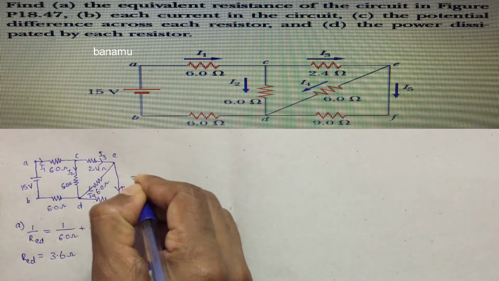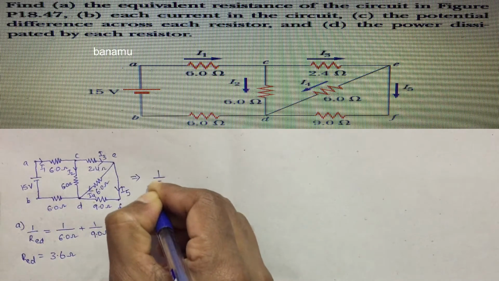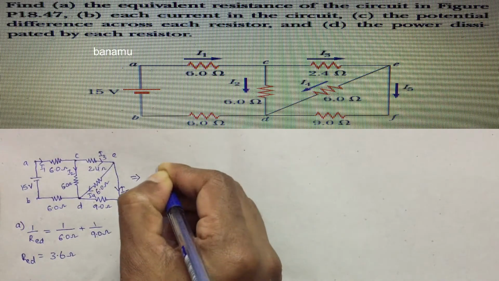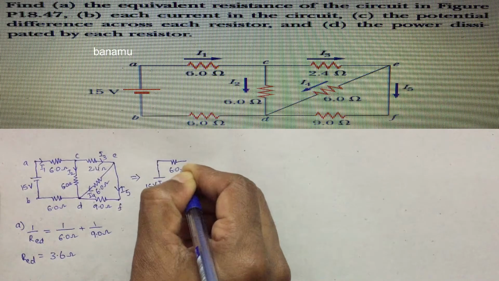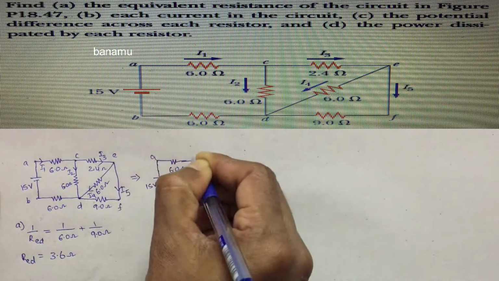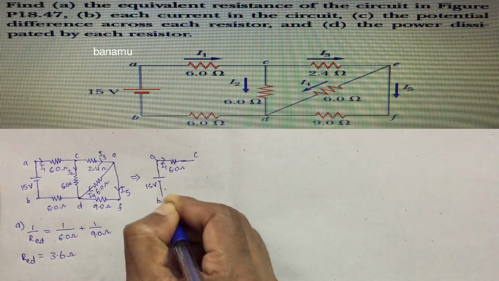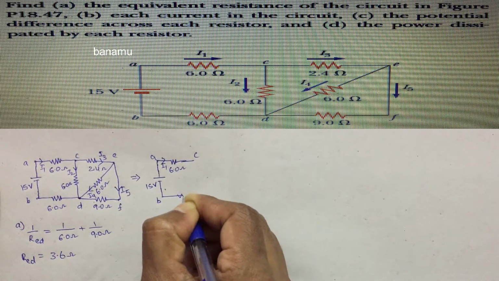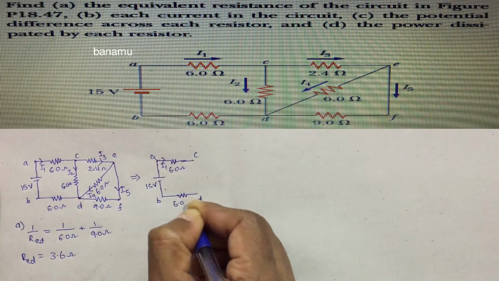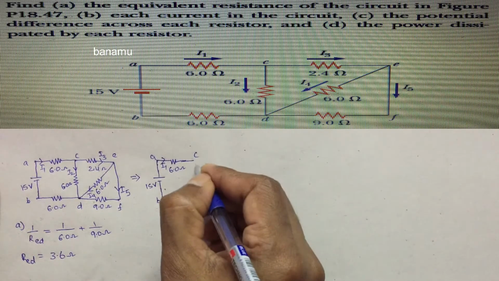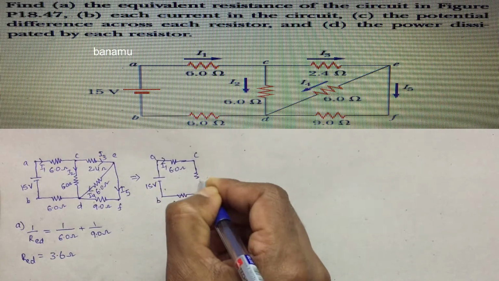So, draw the modified figure. This is the battery, 15 volts, and this is the 6 ohm resistance between the points A and C. The current through AC is I1, and this is the point B. Between the points B and D, the resistance is 6 ohms, and the resistance between C and D is 6 ohms.